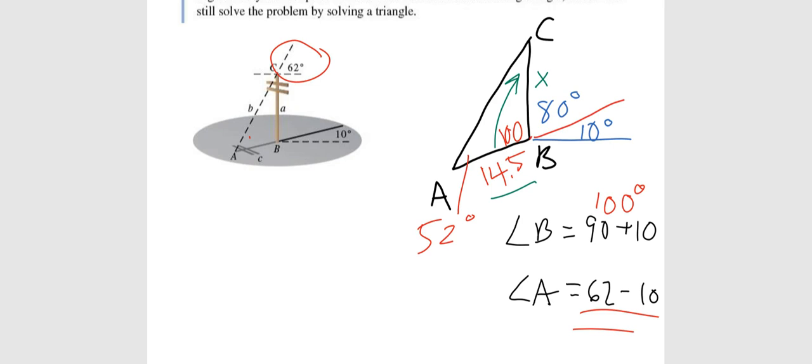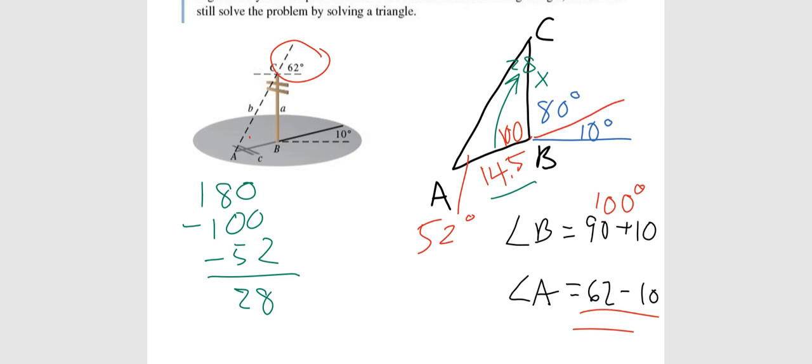Oh, we can calculate it. We know our geometry. 180 minus 100 minus 52. What are we left with? 28. Oh, so we do know 28 degrees.